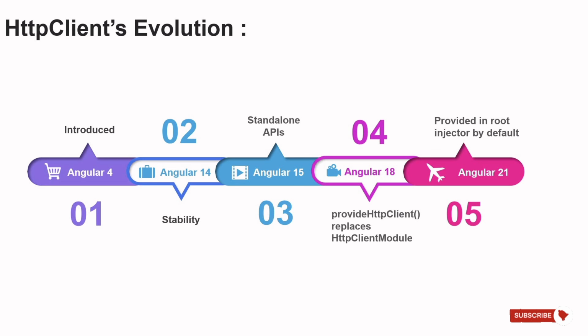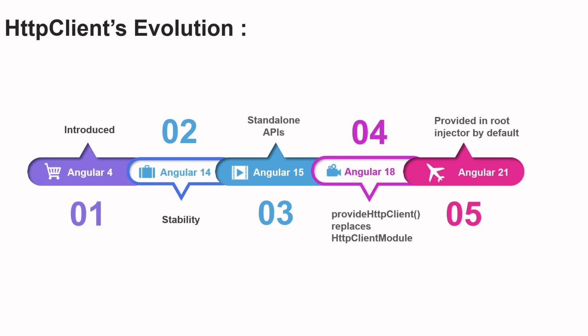Which means in Angular 18, 19, and 20, we had to manually add provideHttpClient in the app.config.ts file to use HTTP client. However, starting from Angular 21, HTTP client is provided by default, so manual configuration is no longer needed. Hope you understand this.